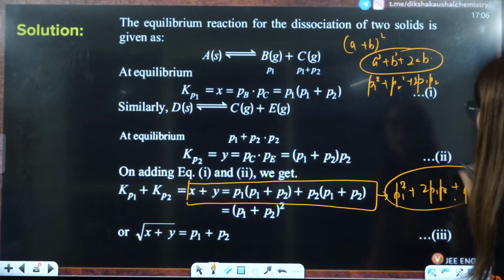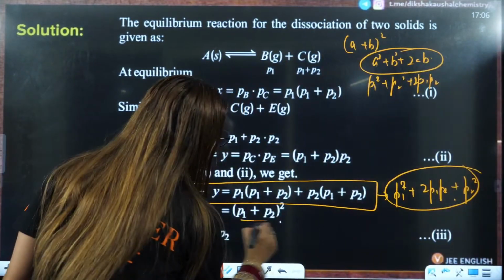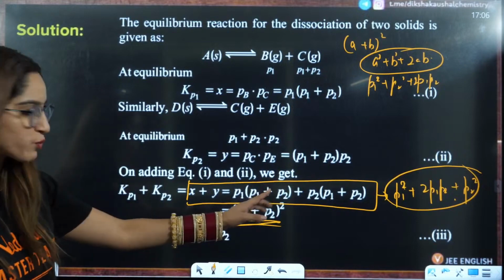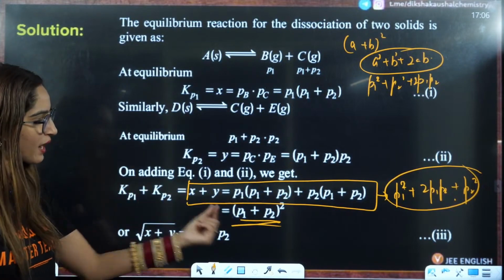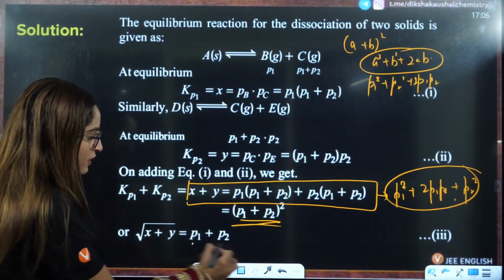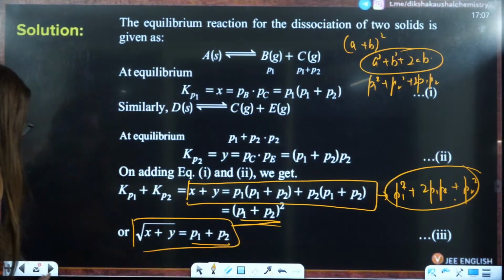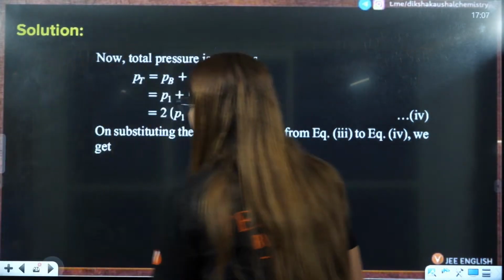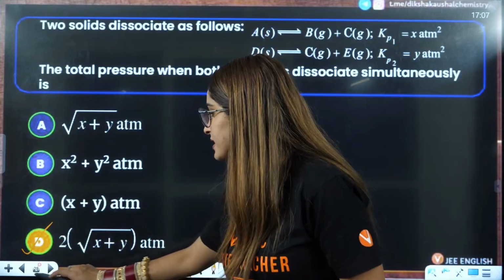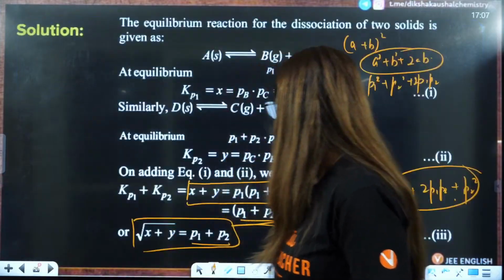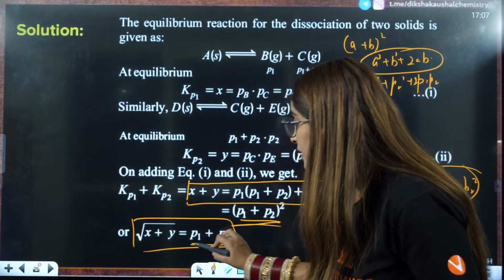So this and this are similar. That is why they have written P1 plus P2 whole square. Then X plus Y is P1 plus P2 whole square. So P1 plus P2 is equal to under root X plus Y, and that is your answer. Understood this thing? This is the answer for P1 plus P2.